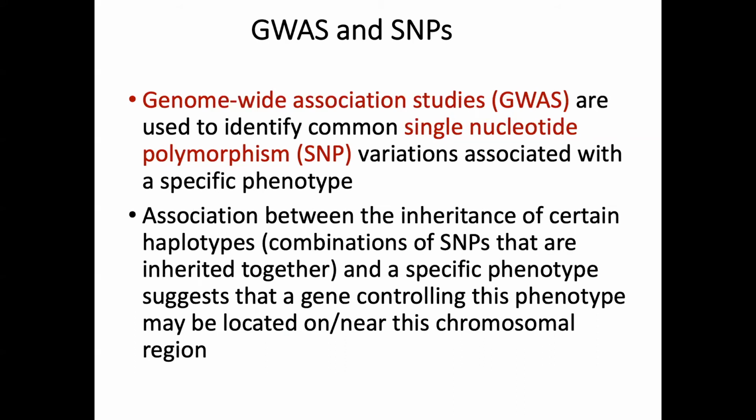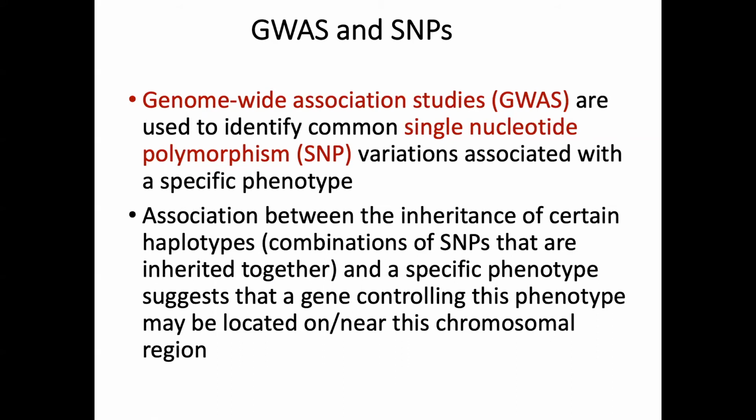The method involves sequencing the genomes from many different people and looking for genetic markers that can be used to predict the presence of a disease. Many obesity-related mutations we just mentioned were identified through GWAS.